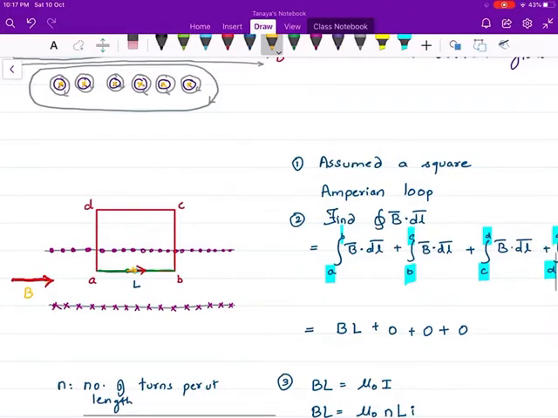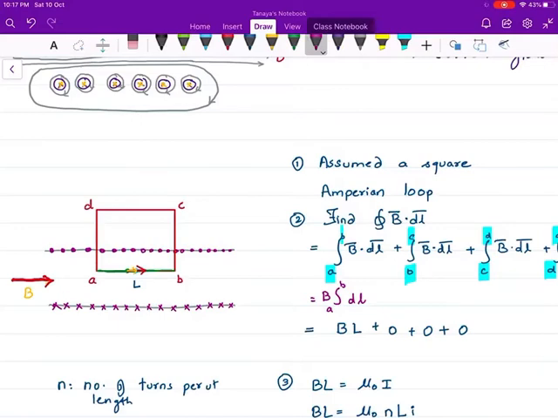So what will I get? Integration from A to B of B dot dl, theta is 0, so cos theta is going to be 1. Because integration of B bar dot dl bar is B dl cos theta, and cos theta is 1 since theta is 0, right? So I get B integral A to B dl.